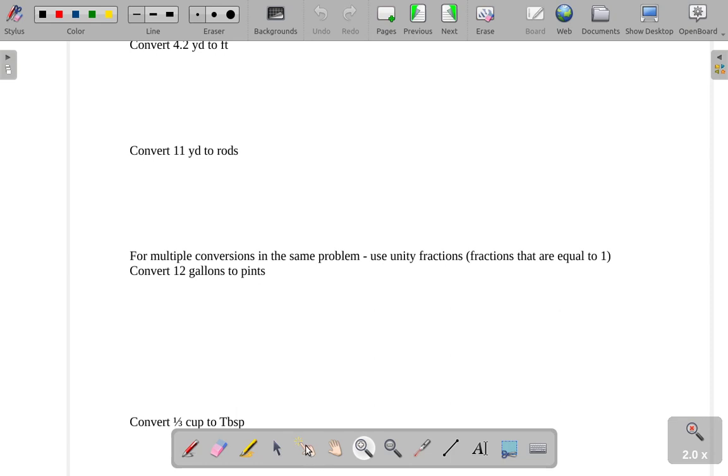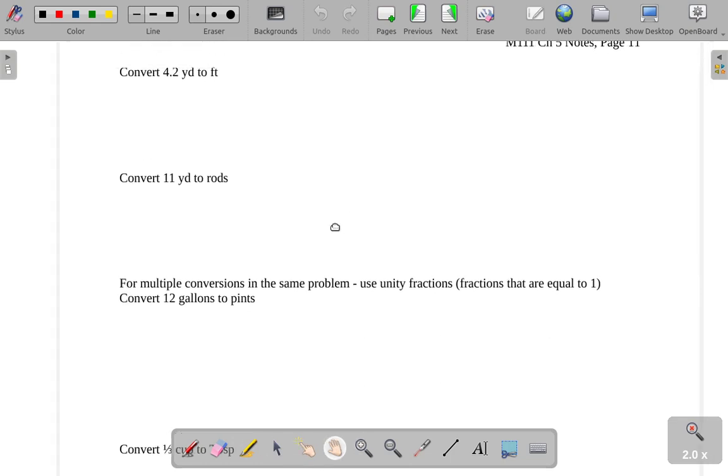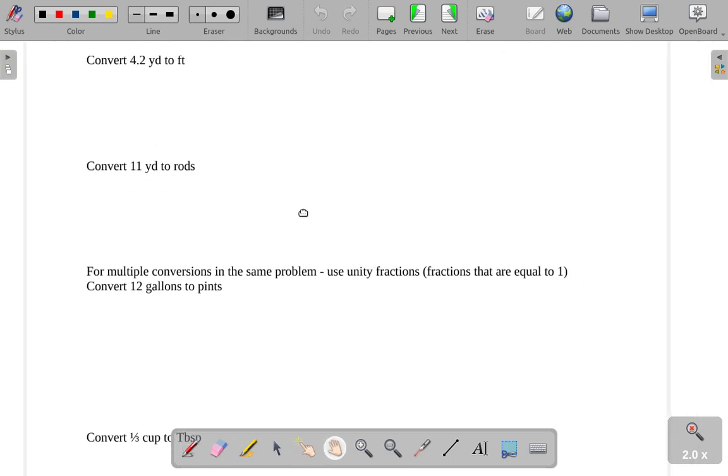So, in order to convert things, for instance, converting 4.2 yards to feet, you've probably seen yards and feet enough that it kind of just jumps at you. You say, oh, multiply by 3. Well, what happens if you didn't know that you need to multiply by 3? Well, if you look it up and you see that 3 feet equals 1 yard.